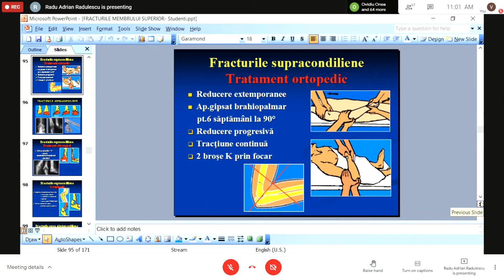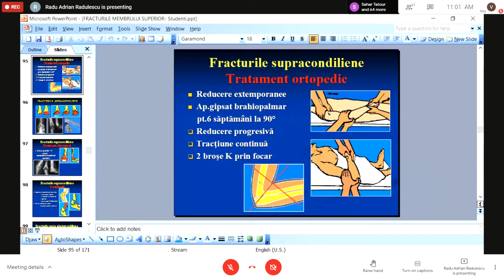These categories of patients have thick periosteum and very high regenerative possibilities at the level of the bone. That's why, in the orthopedic treatment, usually 90–95% of these fractures will lead to union, so they will heal. That's why we prefer this treatment.